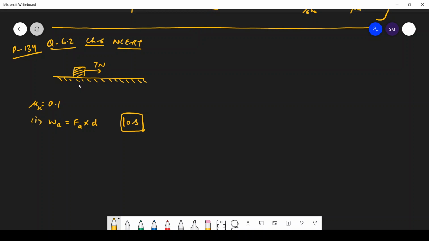So I need to calculate first this distance or displacement for the time 10 seconds.